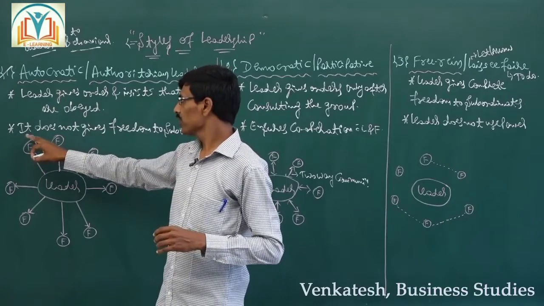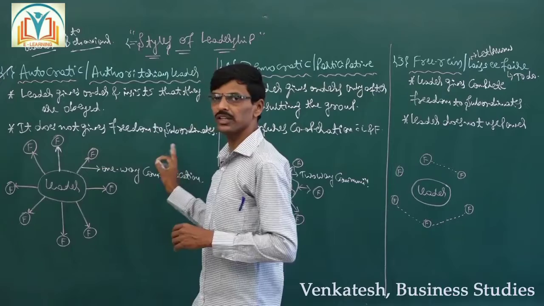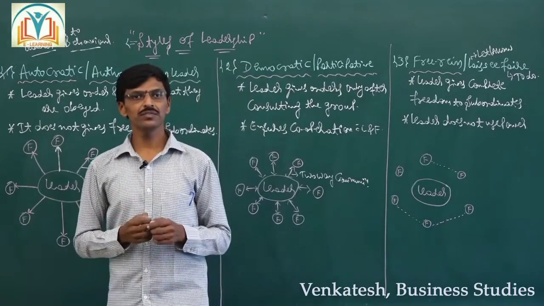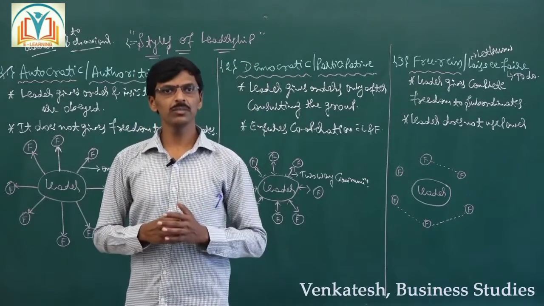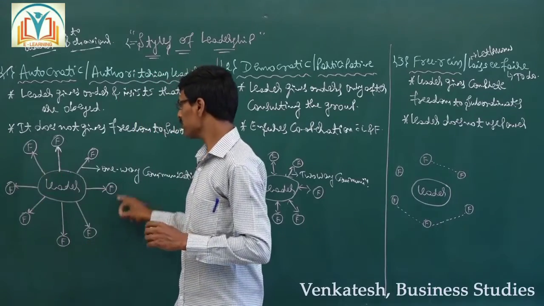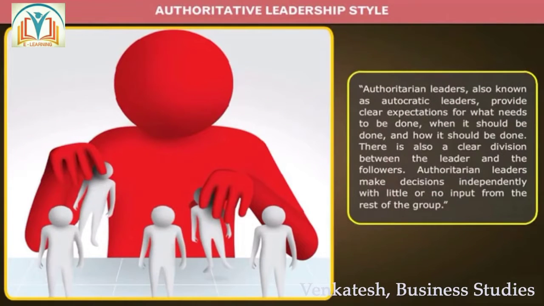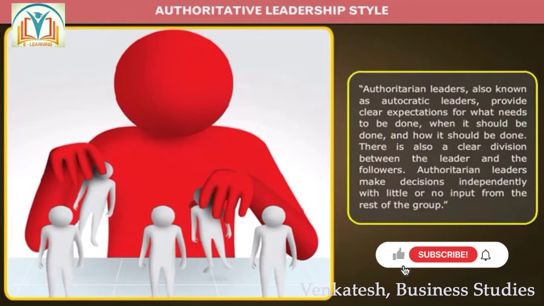Autocratic leadership does not give any freedom to subordinates. The members in a group do not have any freedom to take decisions, and they do not have any freedom to take their own path in completing the task.